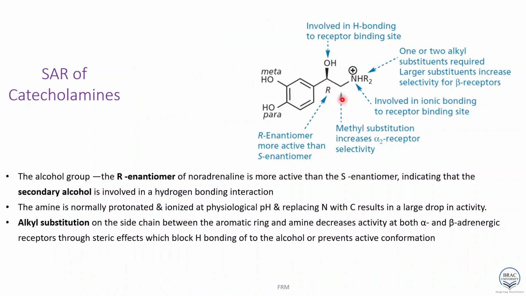Also note that except for this methyl substitution, if you add something in other places, or add more than a methyl group, then this will reduce the selectivity for both alpha and beta receptors. So you can't place groups here or here randomly. But the exception is here: if you just add a methyl group, then this will increase the activity for alpha receptors.